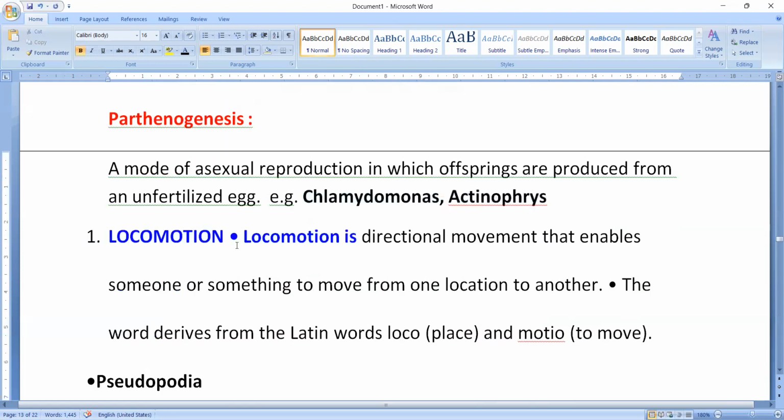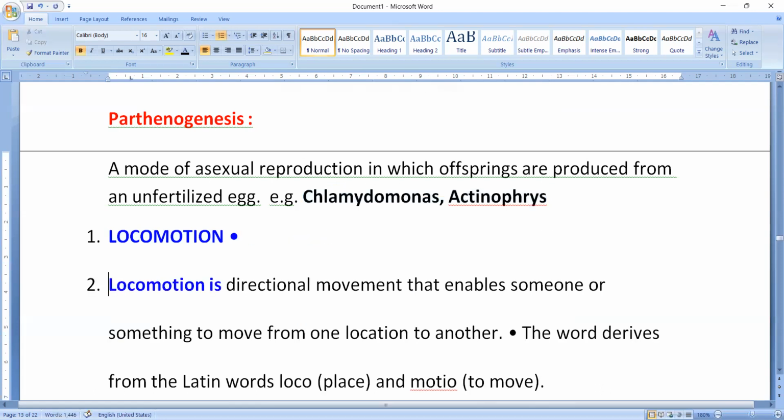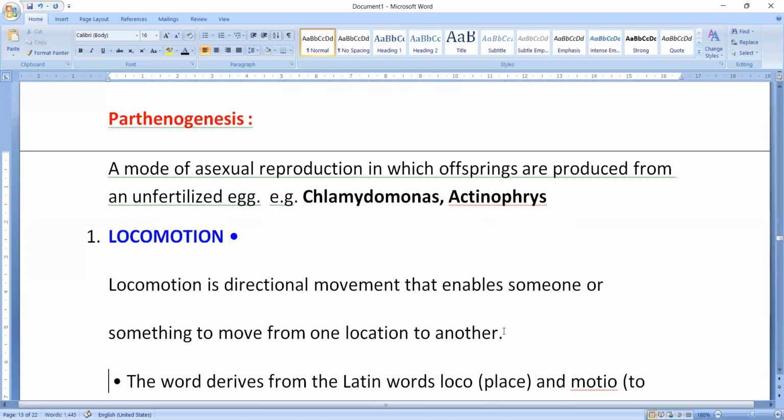And then our next topic is locomotion. Locomotion is directional movement that enables someone or something to move from one location to another.